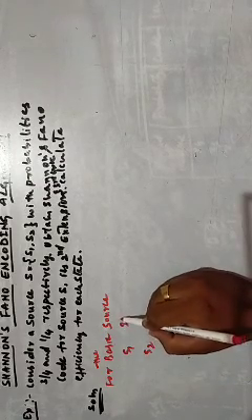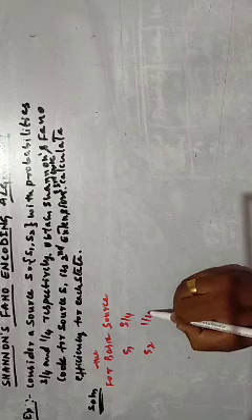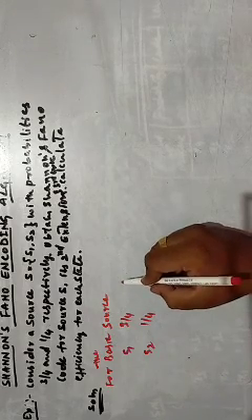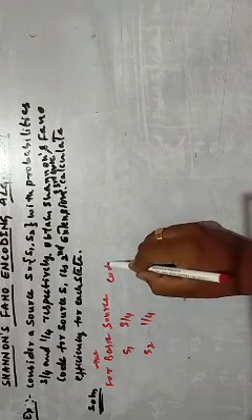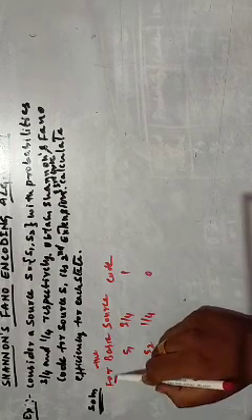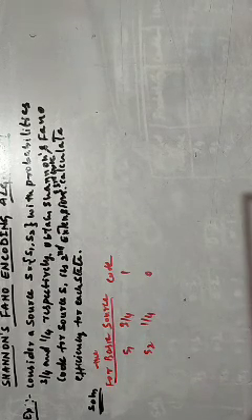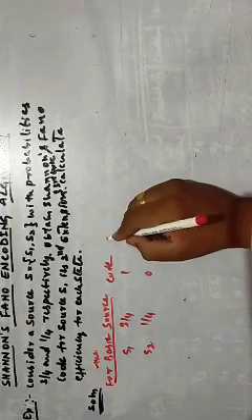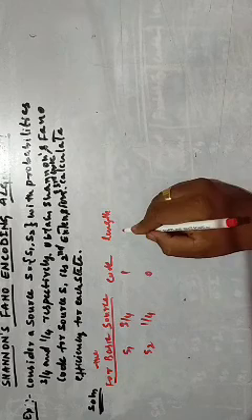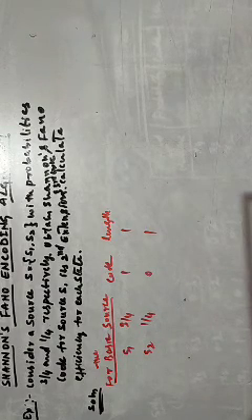S1 probability is 3/4 and S2 probability is 1/4. Only these two. The code for these is 1 and 0, and the length is 1 for S1 and also 1 for S2.